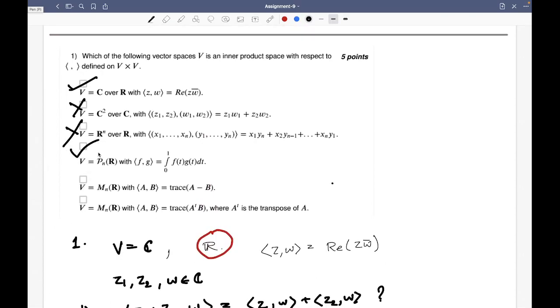Now let's check option number 5. What is option number 5? V is M_n(R), and the inner product is given by A inner product with B is trace of (A minus B).